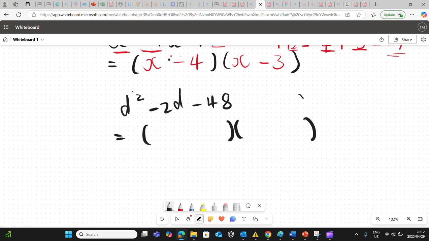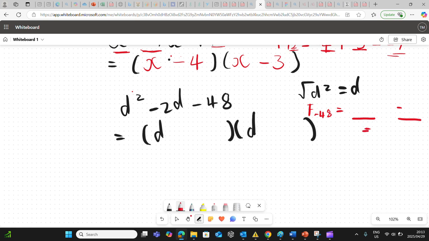Then we square root the d squared, and by now you should be able to see that it gives us a d. Then we look for the factors of negative 48. If it's a negative number, one of the factors needs to be positive and one of them needs to be negative.